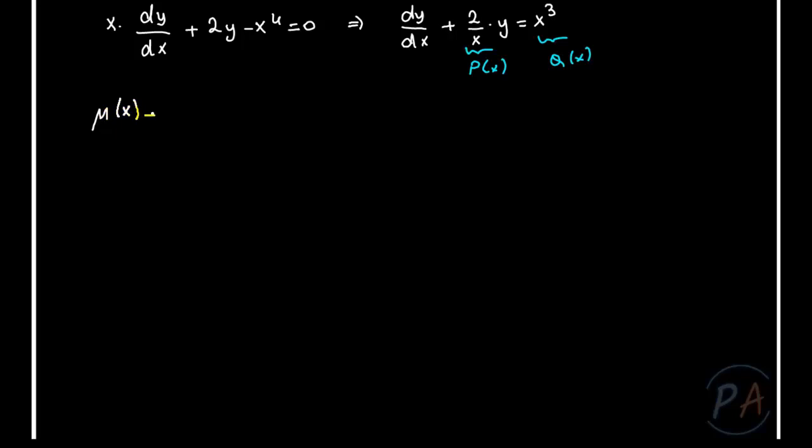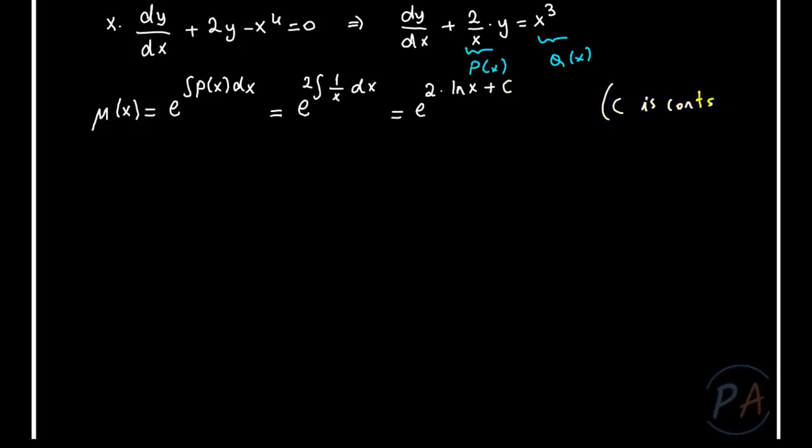Mu of x equals exponential integral p of x dx, that is exponential 2 times integral 1 over x dx, that is going to be exponential 2 times ln of x plus c, where c is a constant of integration.